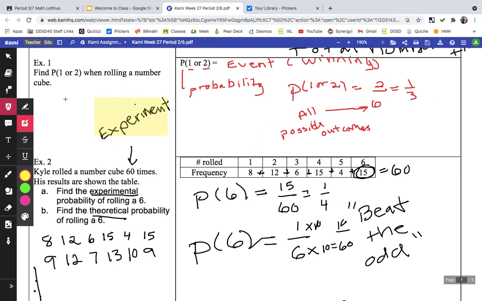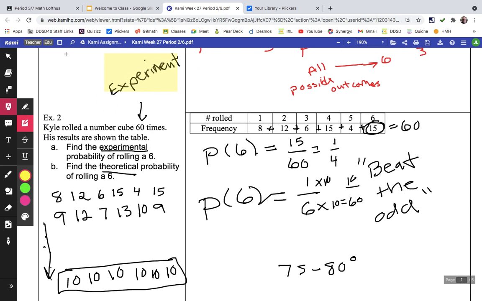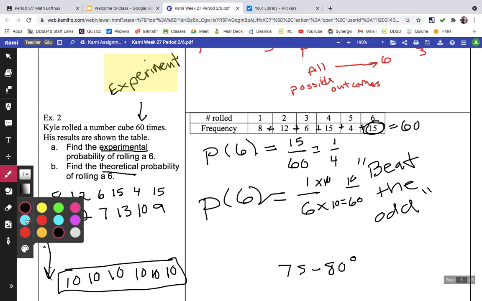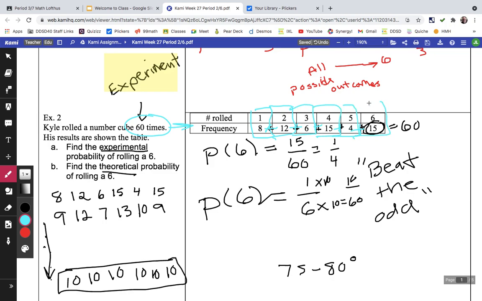So let's look at an example. Kyle rolled a number cube, which has a 1, 2, 3, 4, 5, or 6. He rolled it 60 times, and they're all recorded right here. If we do 8 plus 12 plus 6 plus 15 plus 4 plus 15, we get 60. So he rolled a 1 8 times, a 2 12 times, a 3 6 times, a 4 15 times, a 5 4 times, and a 6 15 times.